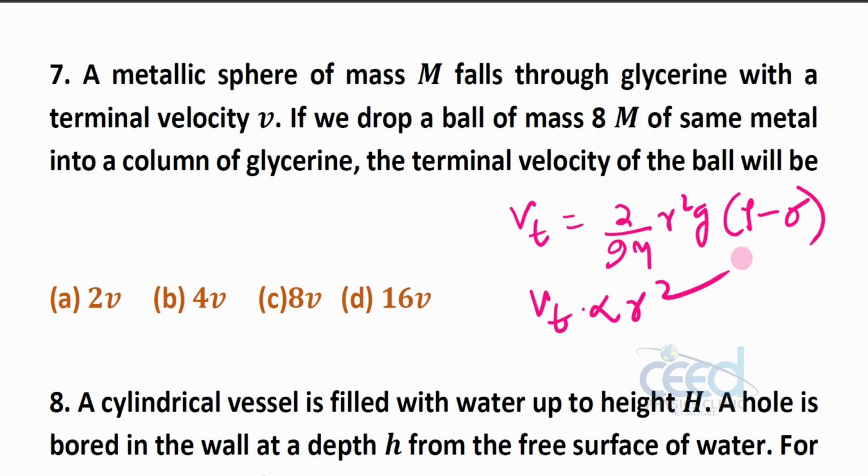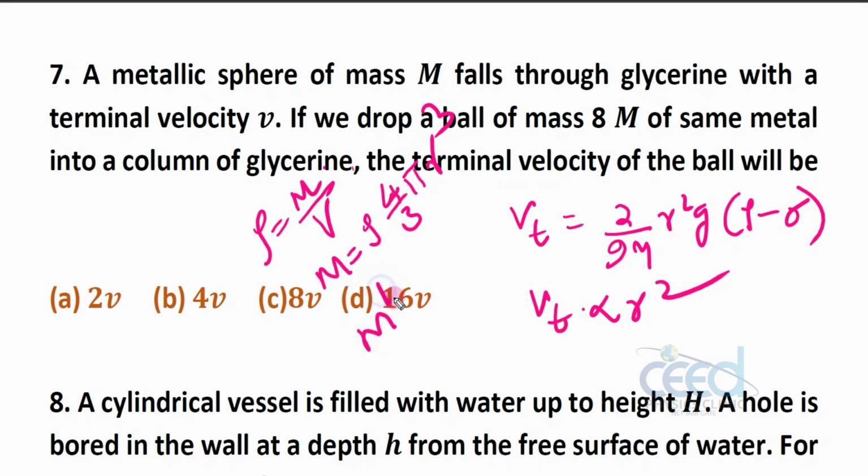In the first case, mass density is equal to mass per volume, right? Then mass is equal to density into volume; in the first case say the radius is r, so mass is 4 by 3 pi r cube. Now if it is 8m, the new mass is 8 times, 4 by 3 pi r dash cube, then that is 2 r dash the whole cube.